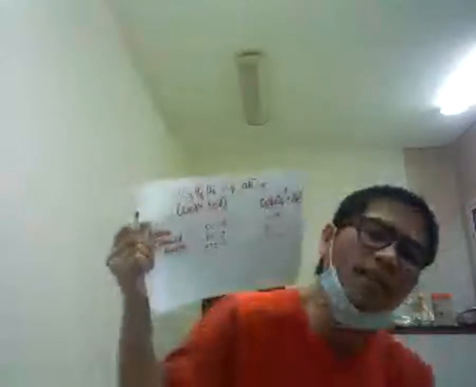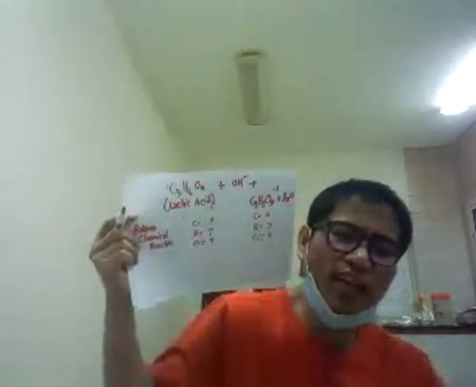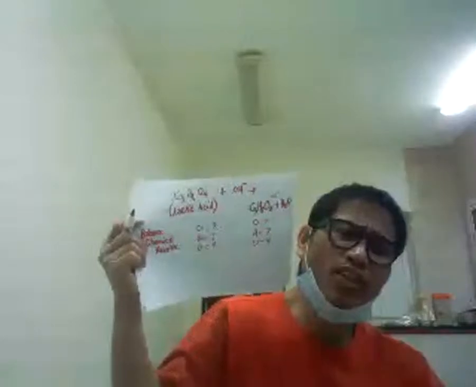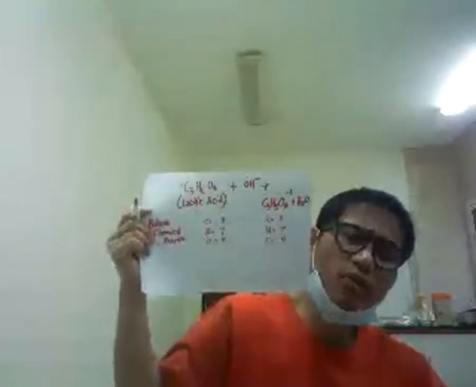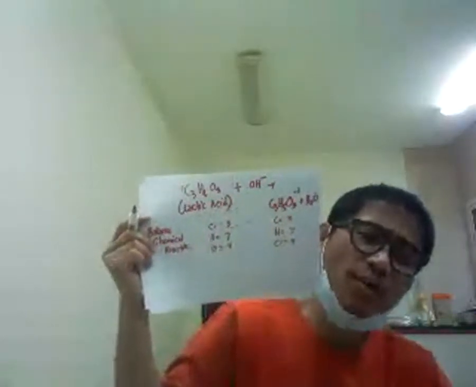Hydrogen 7. Oxygen 4. Oxygen 4. See? Perfect. Balance immediately. So this is a perfect reaction, because when you balance the chemical equation, all have the same number of atoms.